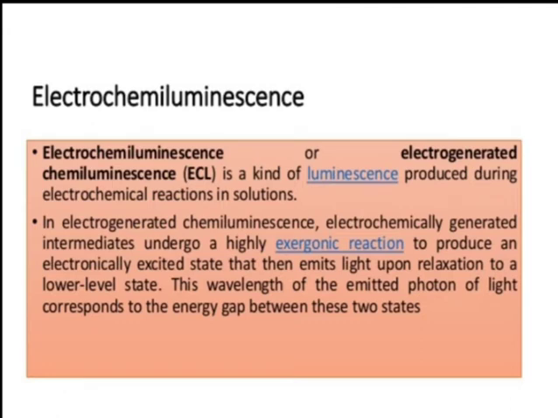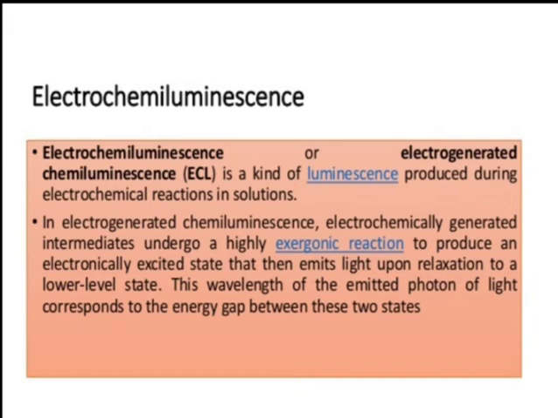Next type is electrochemiluminescence or electro-generated chemiluminescence. Short form is capital ECL. This is a type of luminescence produced during electrochemical reactions in solutions. In electrogenerated chemiluminescence, the chemiluminescence itself occurs from the electrochemical reactions. Here, the electrochemically generated intermediates undergo a highly exergonic reaction.